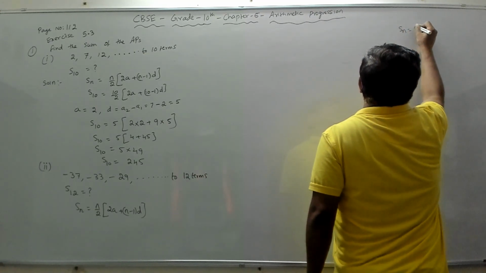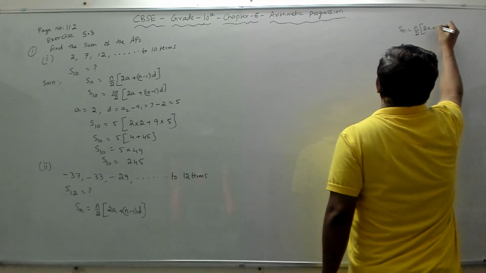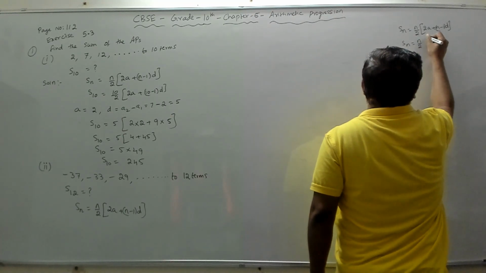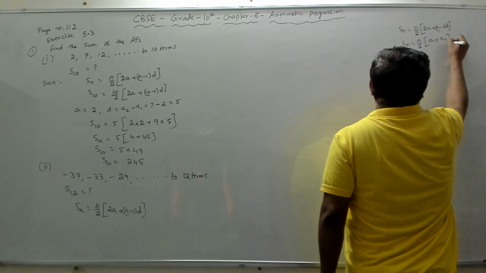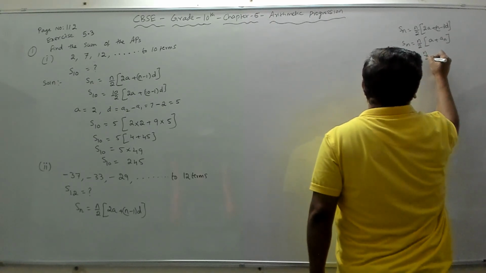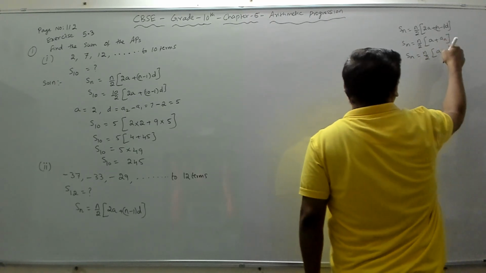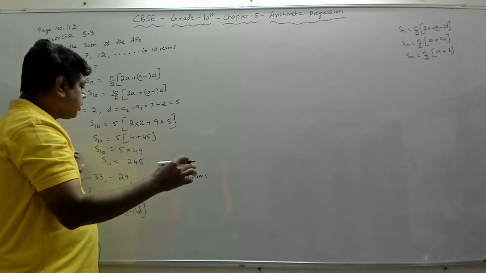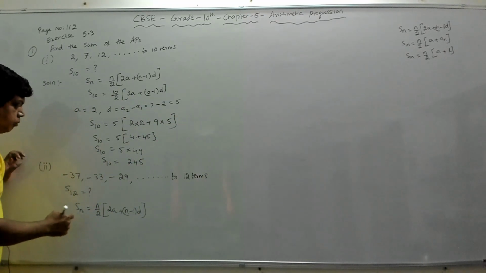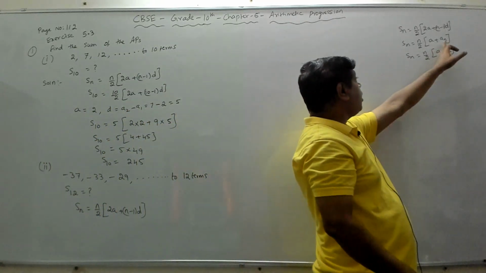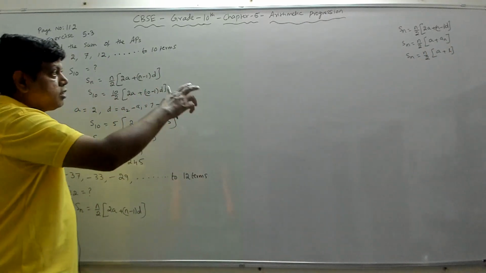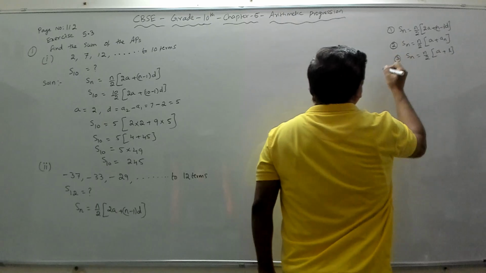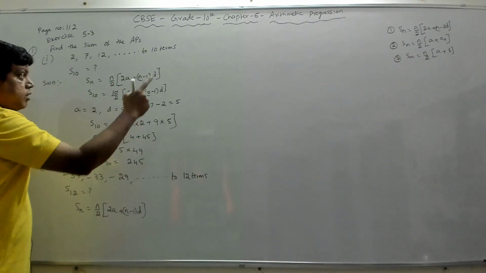Sn is n by 2 into 2a plus n minus 1 into d, and the other formula is Sn equals n by 2 into a plus an, or Sn can be written as n by 2 into a plus l, where an is the nth term and l is the last term; if you assume an as the last term, then an and l are equal. If you know the last term, we can use the second or third formula. Since we don't know the last term, we will go for the first formula.